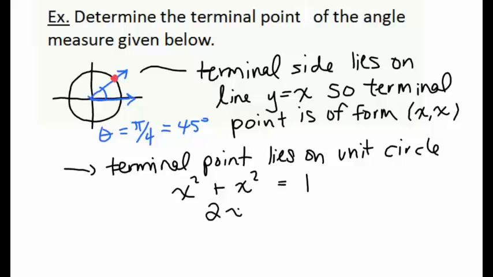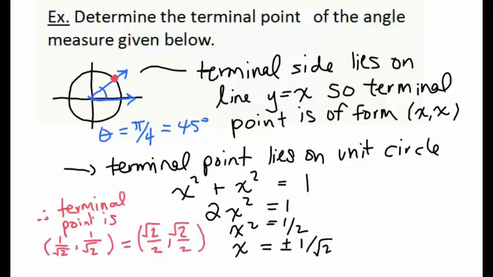Well, adding these together, we get 2x squared is equal to 1, or that x squared must be equal to 1/2, and taking a square root on both sides, we get that x must be equal to plus or minus 1 over the square root of 2.